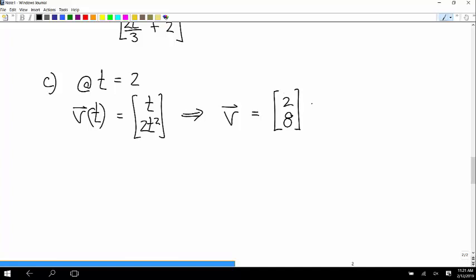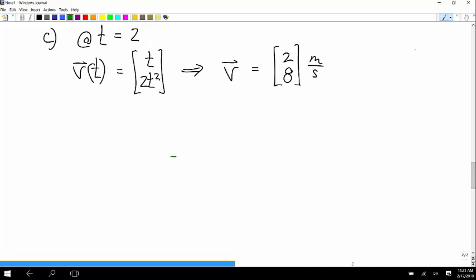If this is in SI units, then the units are meters per second. What direction is this vector pointing? If here's our coordinate system, then you go in the positive x direction 2, positive y direction 8, draw a vector with its tail at the origin and its head at that point, and the velocity vector looks something like that. Okay, so that's the velocity vector.